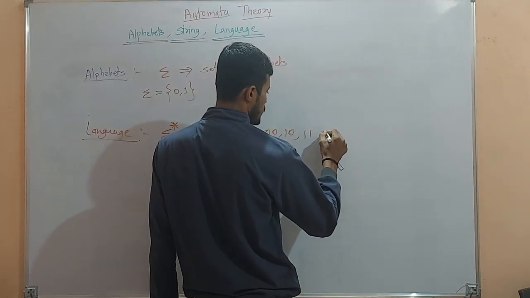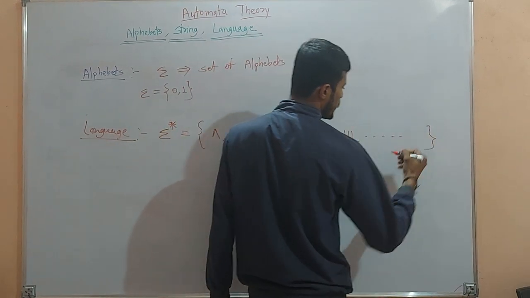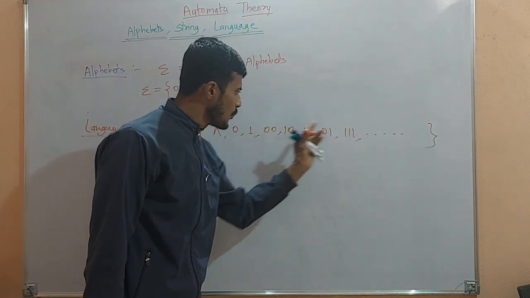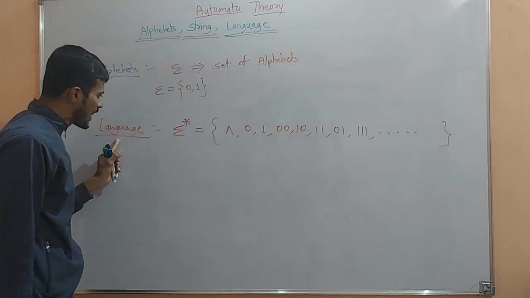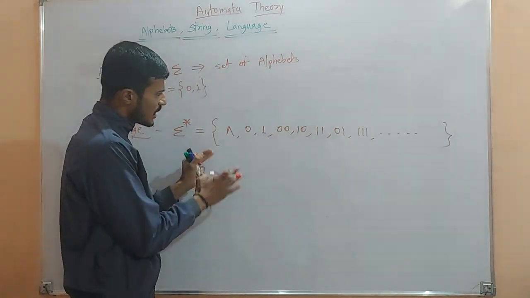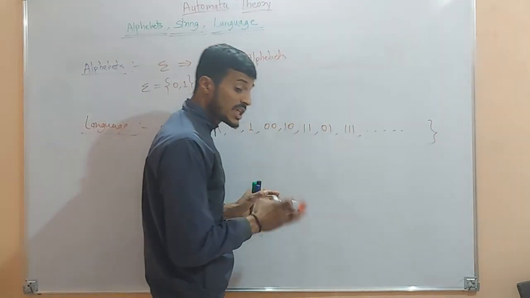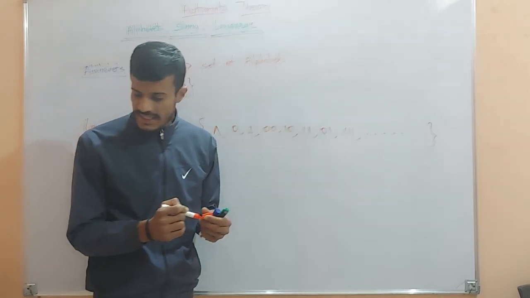Then 0, 1, 00, 01, 10, 11, then 000, 111, and so on up to infinity. All these are possible strings with respect to the alphabets 0 and 1. The language is nothing but the collection of all the possible strings with respect to the alphabet. I hope you are getting this.